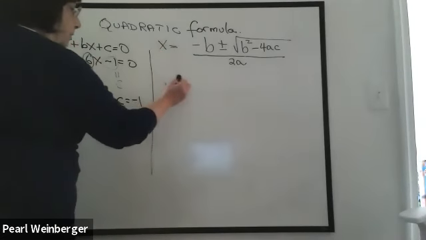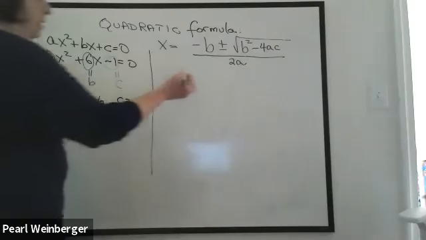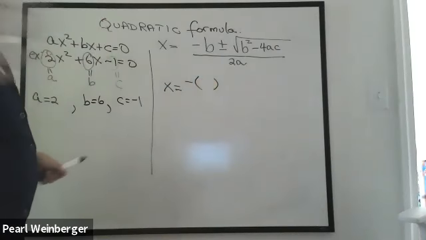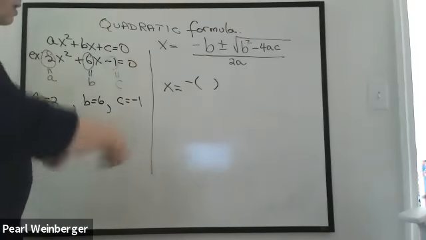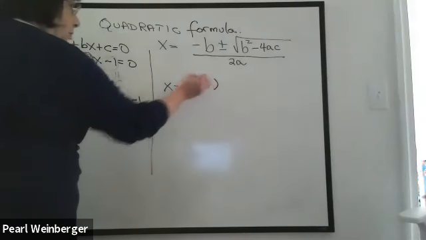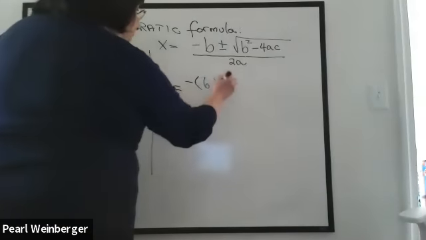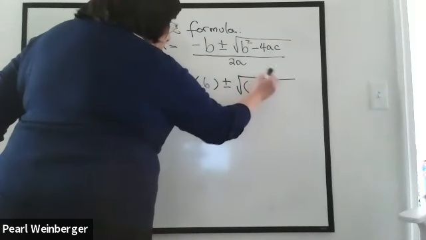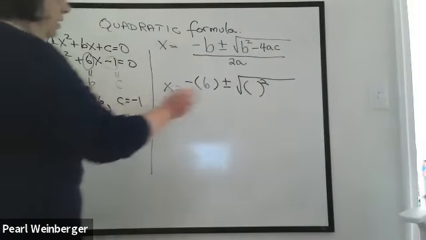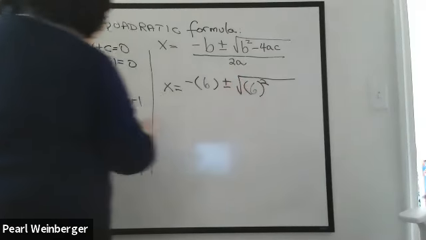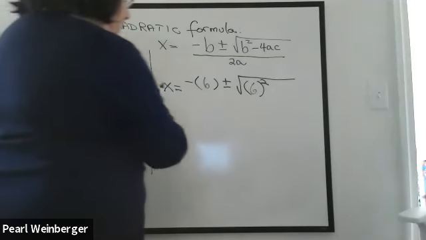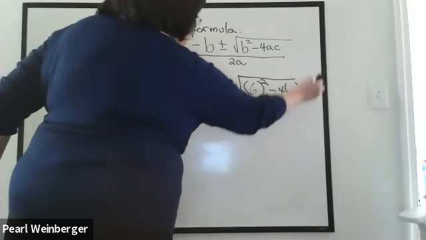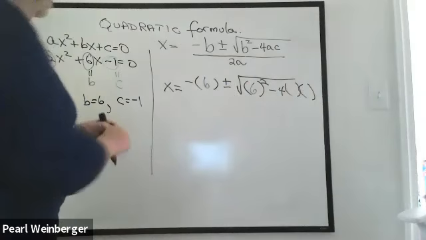Your X is going to be negative B. So it's going to be negative, here's my B. I'm going to fill it in with a blue. The B is 6. Plus or minus the square root. Now here again, I'm going to fill it in. It's a B squared. What I'm filling in for B is 6, because I know B is 6. Minus 4. Okay, I have an A times a C. The A is red.